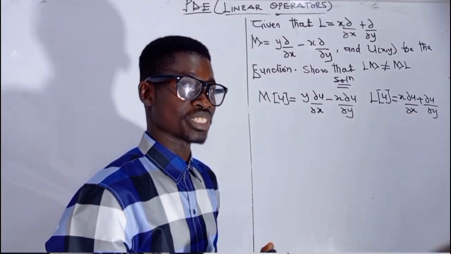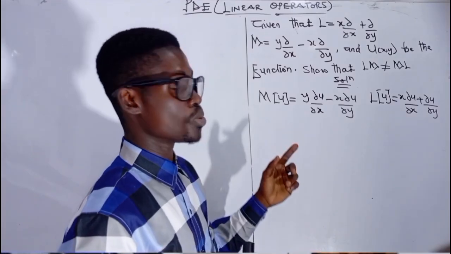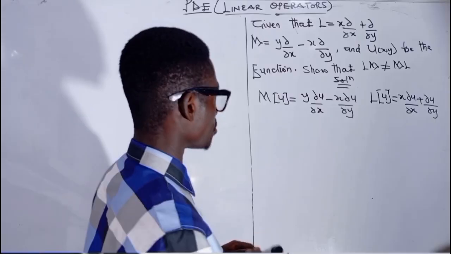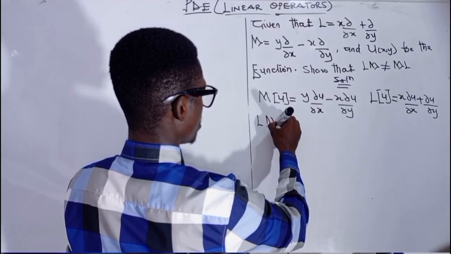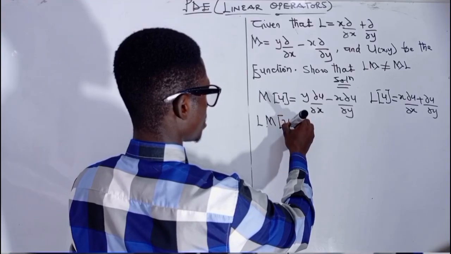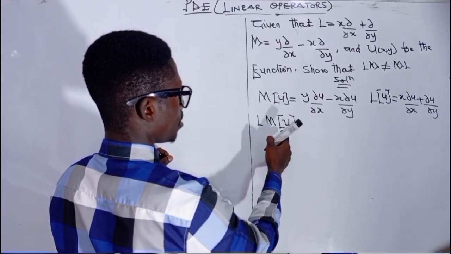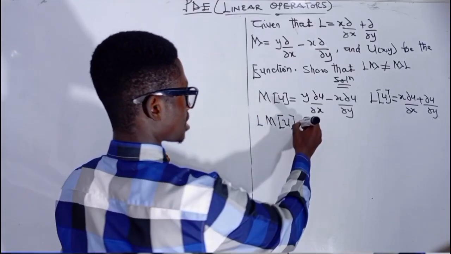So we want to verify to see if these two operators will commute or not. So we are first going to find Mu, operating the operator L on Mu. So we are starting with that.